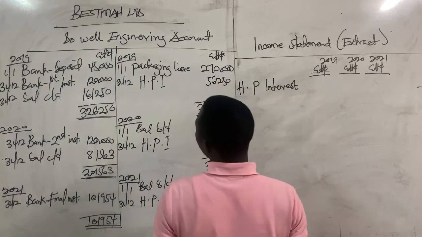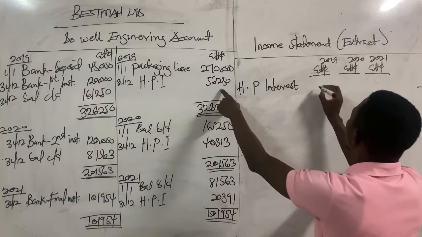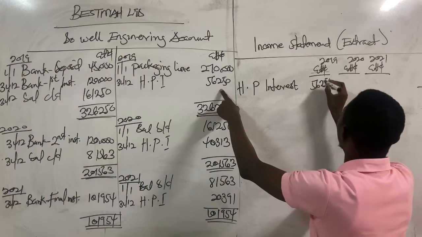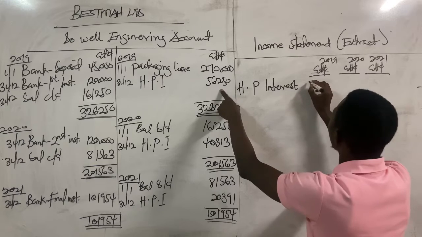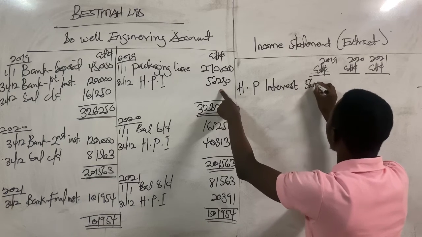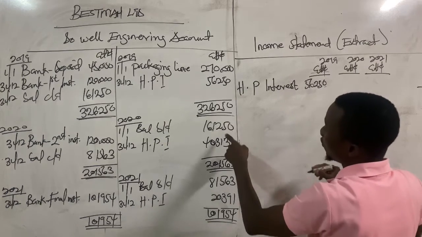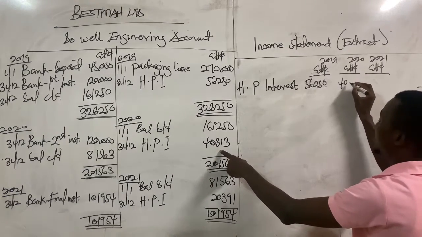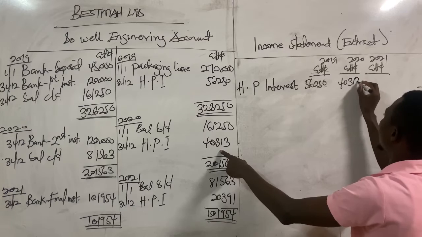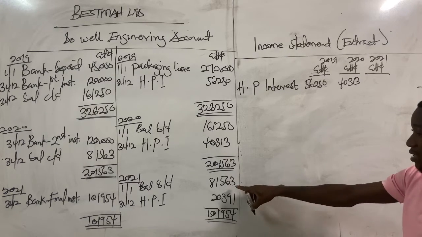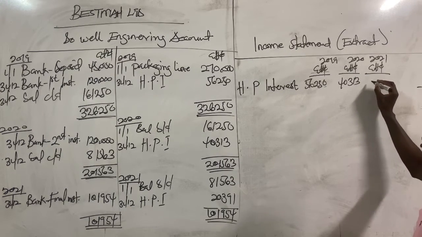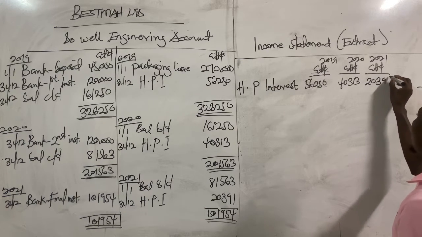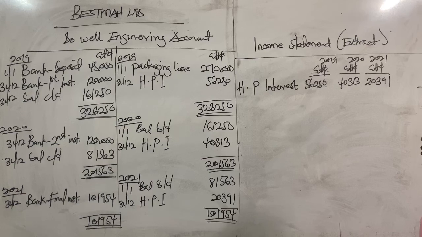Remember, the interest for 2019 is 56,250. For 2020, it was 40,303. For 2021, it was 20,391. Is this clear? Alright.